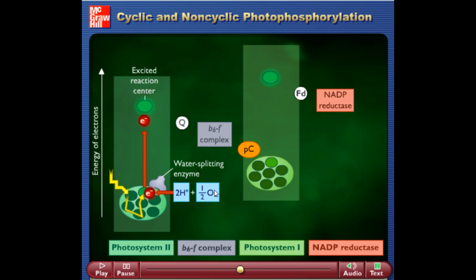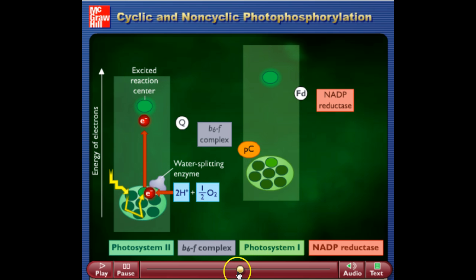In fact, water becomes an extremely important part of this photosynthetic process. So the electrons are going to be used to replace the electrons lost in photosystem 1. The oxygen is released into the atmosphere, and we're going to see what happens to these hydrogen protons right here very soon.